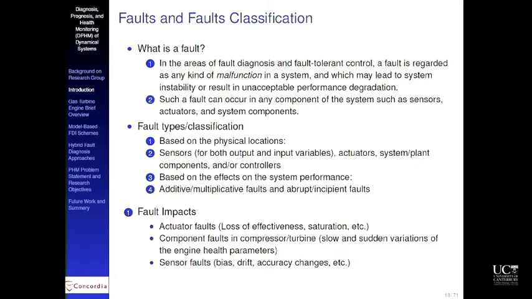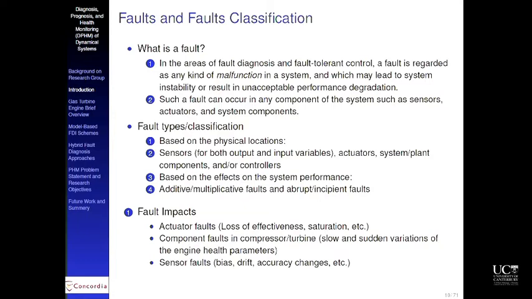Then we classify faults depending on whether they happen in the sensor, the actuator, or a component. So there are various classifications that we go through. Then we define different types and different properties. For example, for actuators, we have loss of effectiveness, lock in place, and hard over. There are different notions and definitions that we use for these faults in the actuators.